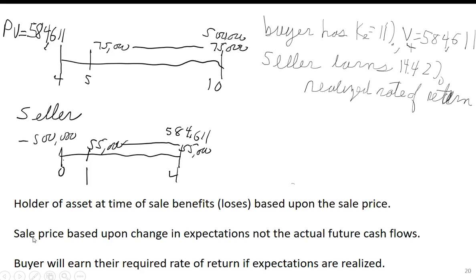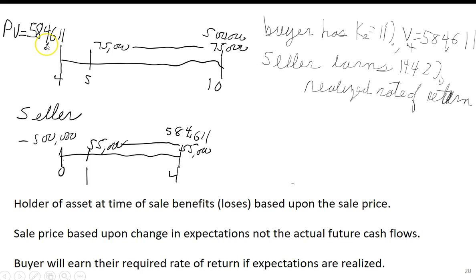And the sale price is based upon a change in expectations, not the actual future cash flows. Because if we're sitting in year 4, we expect the cash flows to increase to $75,000 a year for years 5 through 10, but there is no guarantee. It's an expectation.